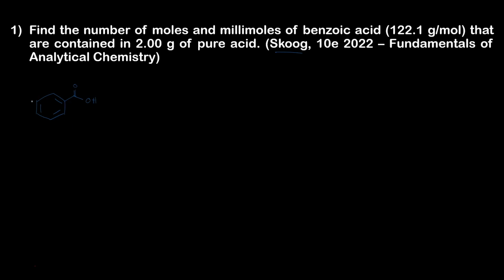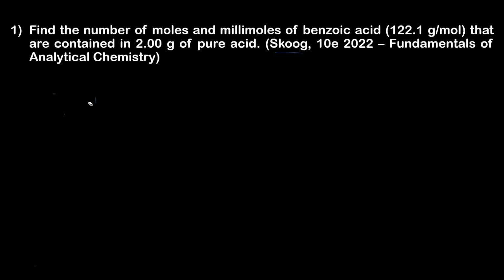If you have an organic chemistry background, you know these would be carbons, and this would be oxygen, hydrogen, and the double bonds of carbon-carbon. From this, we can actually know the molar mass, but we were given the molar mass, so we will be focusing on how to solve rather than organic chemistry.